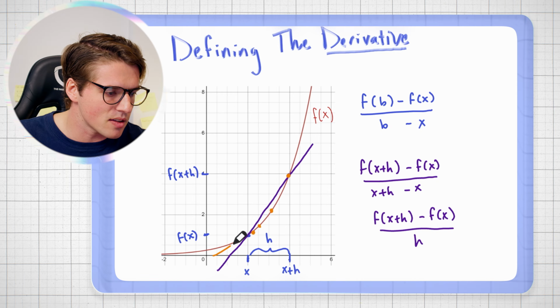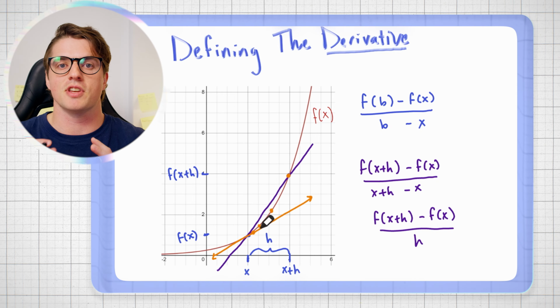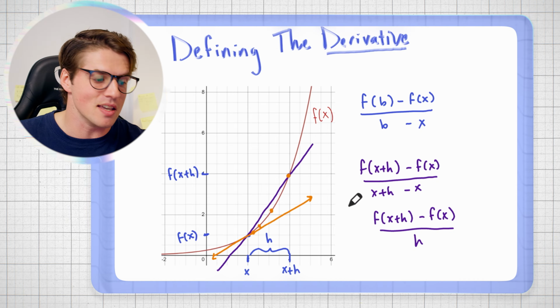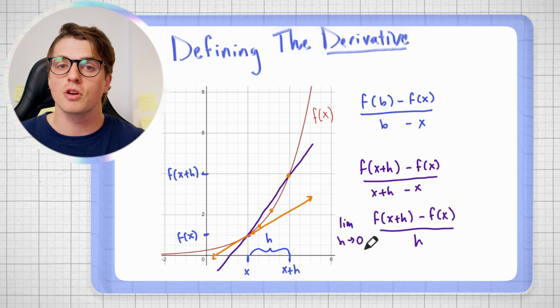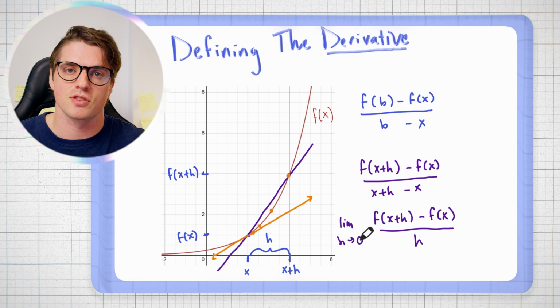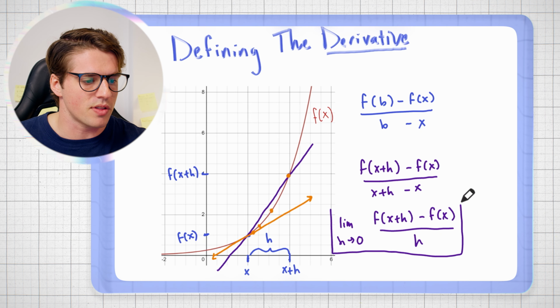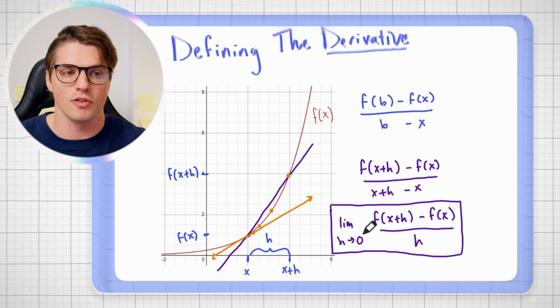If we do that, we get a much better representation of our slope at that exact point x. And this is the definition of the derivative: the limit as h goes to 0 of f of x plus h minus f of x all over h. We're going to be working with this definition in order to actually find the derivative of a function.